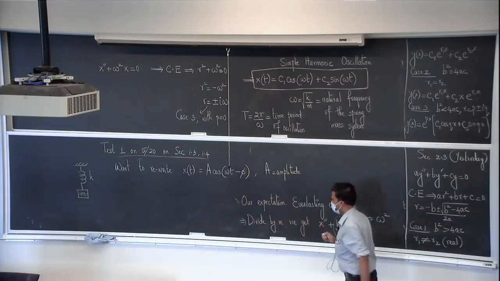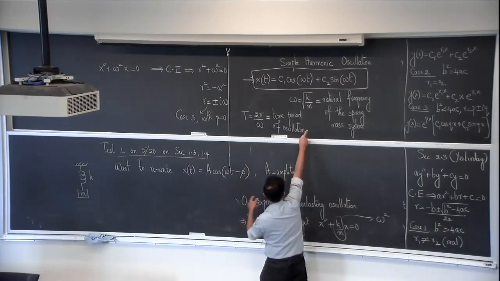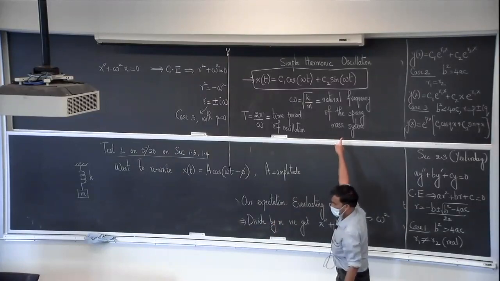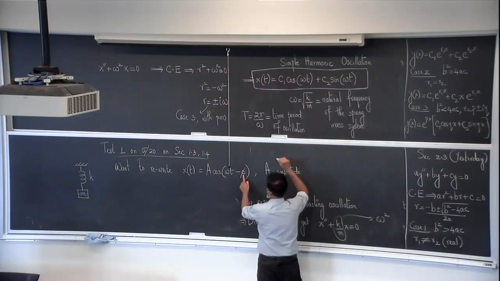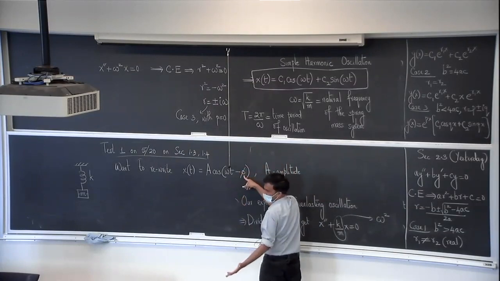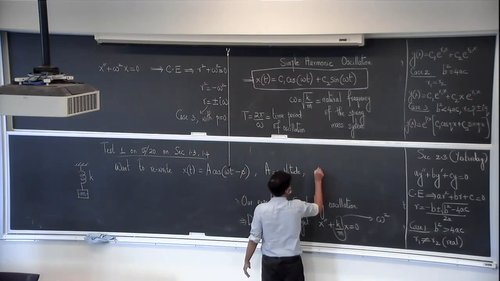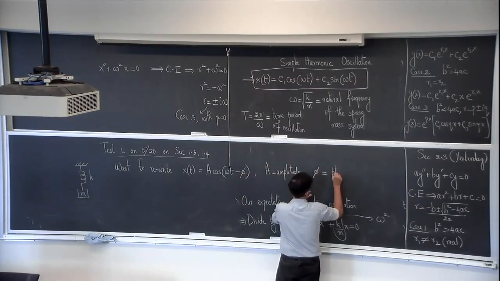I'll show you what amplitude means. Omega, of course, is the same as the natural frequency of the system, and phi is the phase angle or the phase shift.